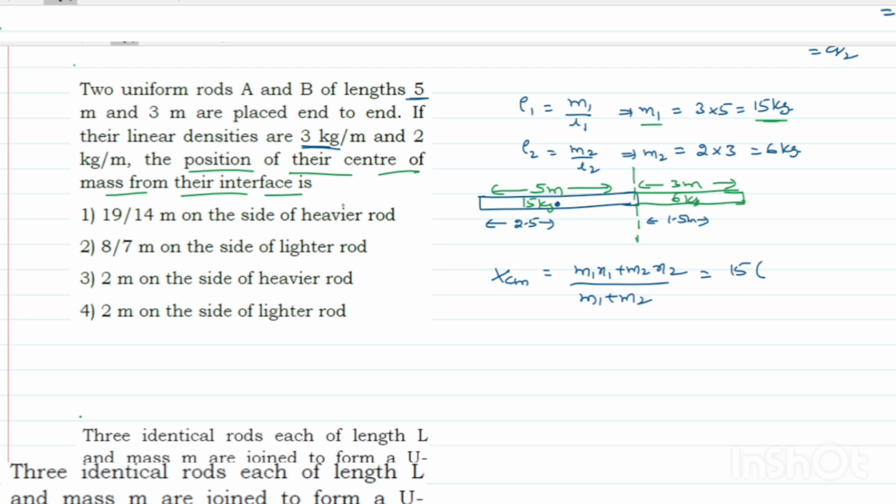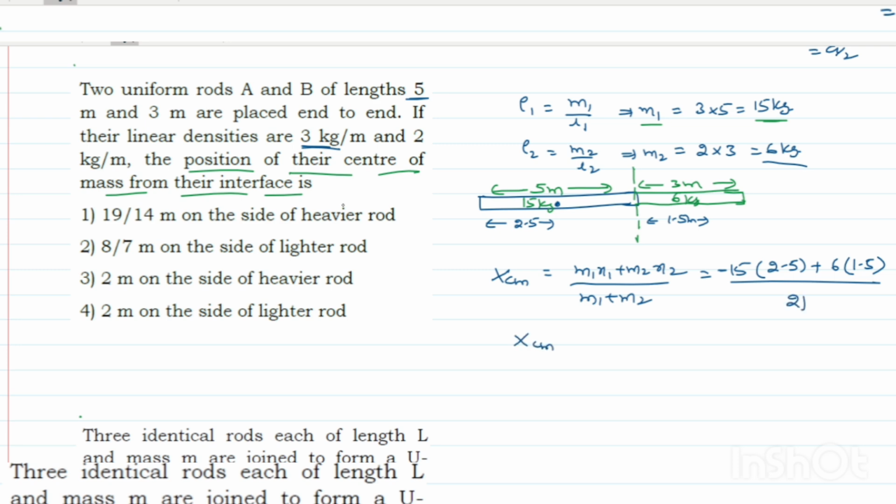So here you can take 15 into, this rod is located to the left side of the interface, so you can take minus 15 into 2.5, plus mass M2 which is 6 kg, 6 into the center of mass located at 1.5, by M1 plus M2. So 15 plus 6 will be 21.